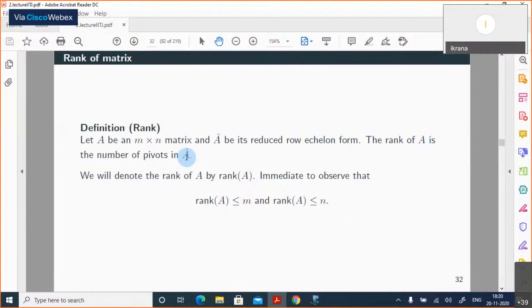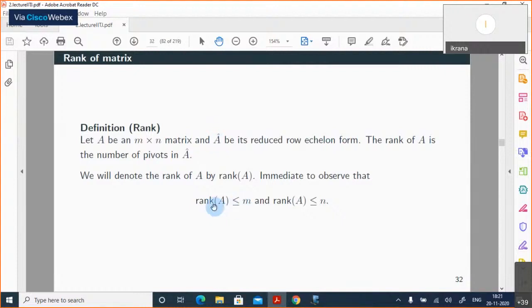Actually, the number of pivots in A or in a row echelon form will be the same. So one doesn't have to find the reduced row echelon form; you can take the row echelon form itself. The number of pivots, P1, P2, up to PR, R is the number of pivots. That is called the rank of the matrix A.